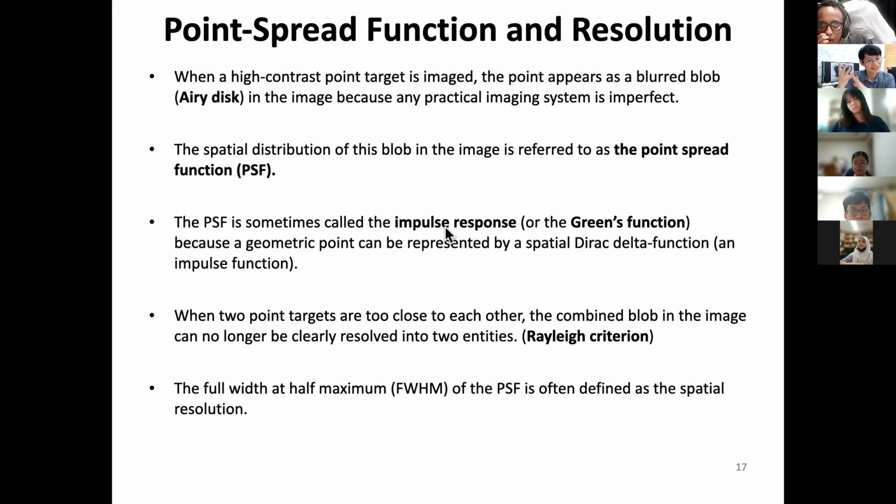It's exactly the same concept, just in 2D spatial aspects and not the temporal domain. So point spread function we sometimes call the impulse response, because a geometric point is represented by a delta function, and it always spreads out. The amount of spreading is related to diffraction, and that is relevant to your wavelength, the aperture size, or now what we consider the numerical aperture.